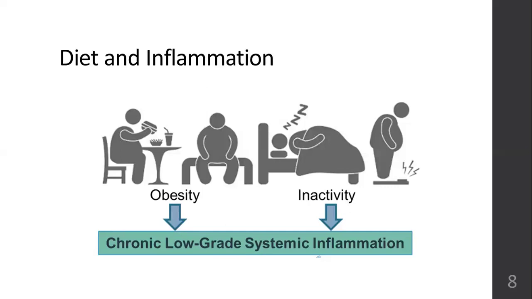Usually, chronic inflammation is associated with poor lifestyle choices like sedentary lifestyle, increased cortisol levels, obesity, and inactivity. These all lead to low grade systemic inflammation because there are a lot of free radicals in a person who is obese or inactive.